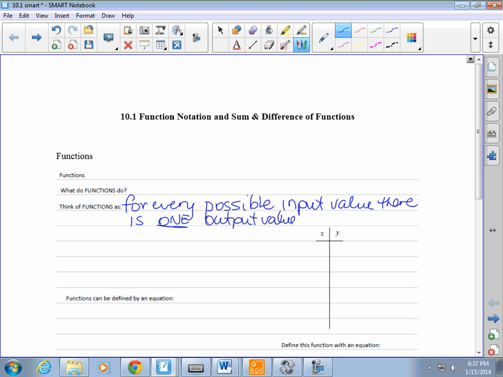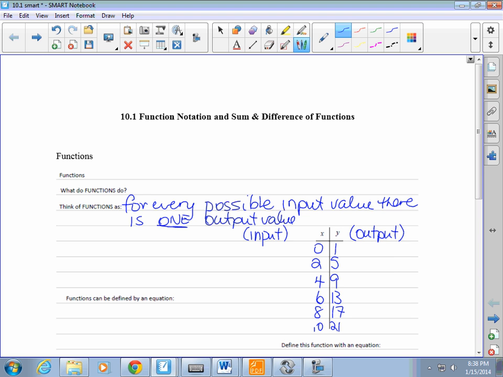So if I think of my x and y chart when I'm doing my graphing, my x is my input, that's the value I'm putting in and then solving, and my y value when I solve is my output value. So if I had 0, 1, 2, 5, 4, 9, 6, 13, 8, 17, and 10, 21.